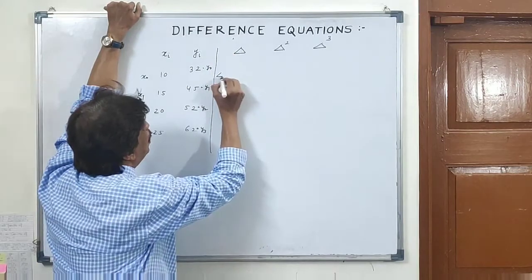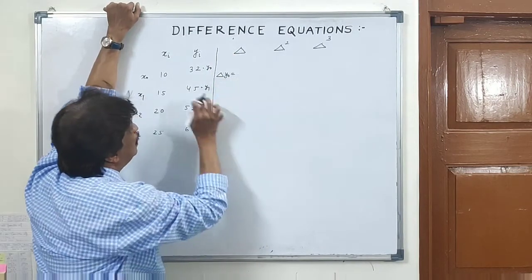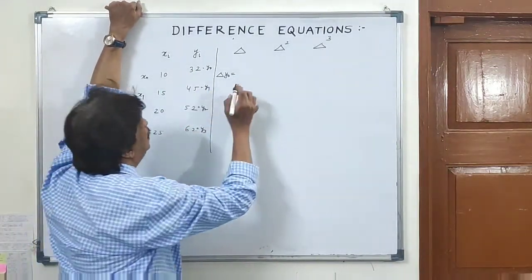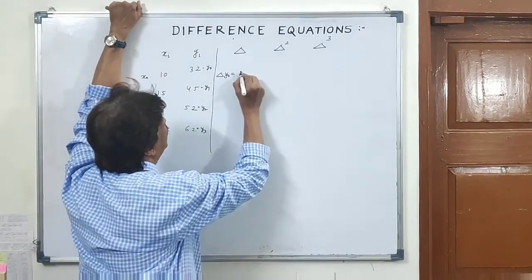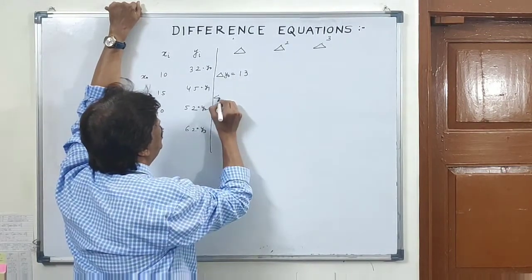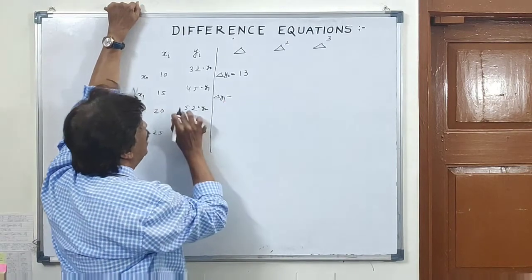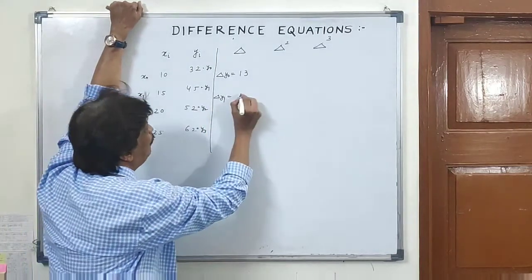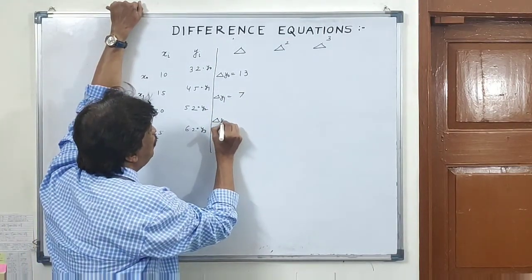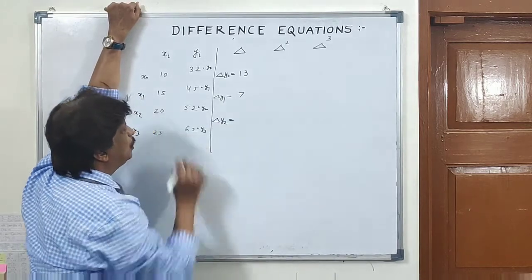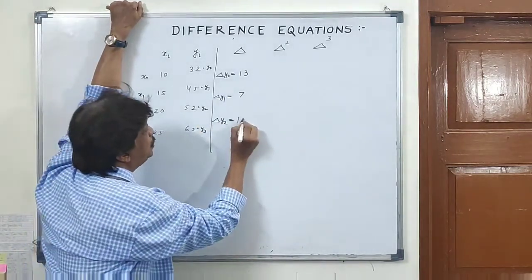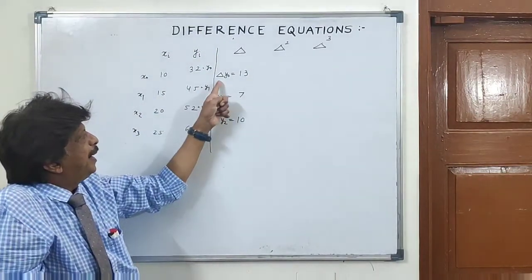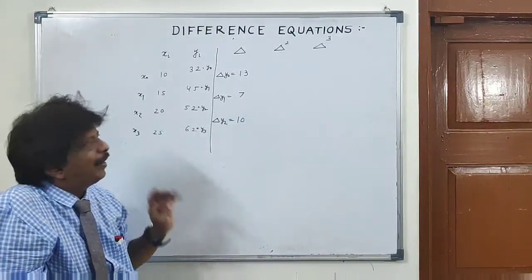Forward delta of y0 is y1 minus y0, so 45 minus 32, it is 13. Forward delta of y1 is y2 minus y1, 52 minus 45, it is 7. Forward delta of y2 is y3 minus y2, 62 minus 52, it is 10. So these are the delta of y0, y1 and y2, these 3 values.